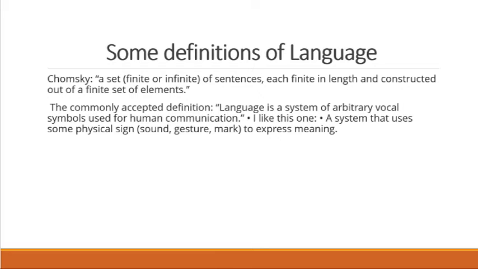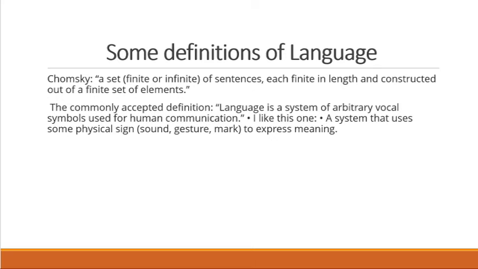Okay, and constructed out of a finite set of elements. The sentences are constructed out of words, and obviously for words we have a dictionary, and in the dictionary we can count that in the English language the total number of words is dash dash dash.